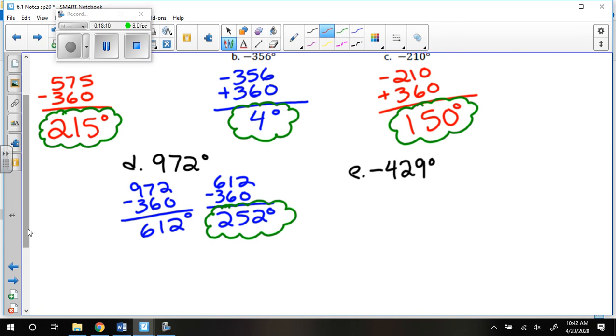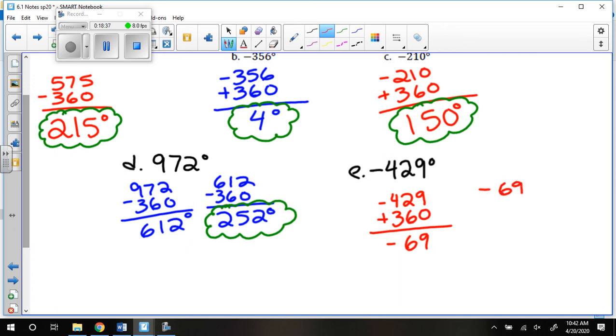All right, negative 429, we're going to have to add 360 to start making our way towards a number that's between 0 and 360. So if I add 360, I get negative 69. Now that is not in between 0 and 360 yet. So I need to add again.